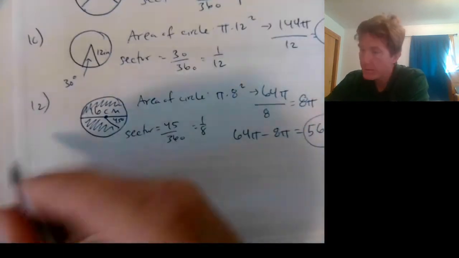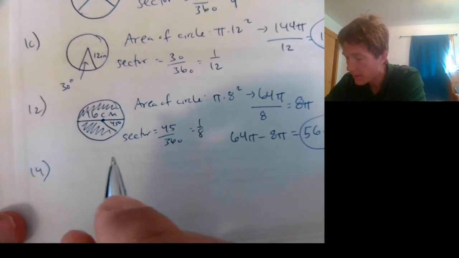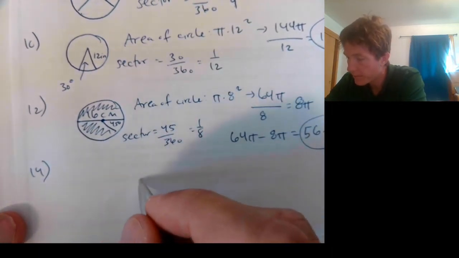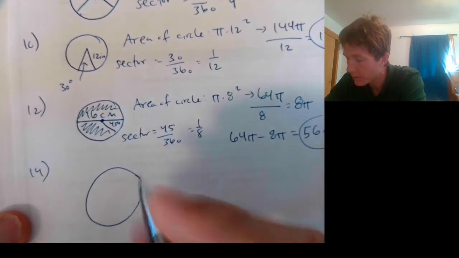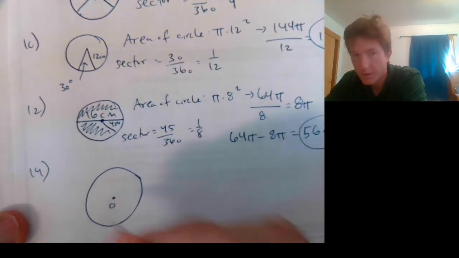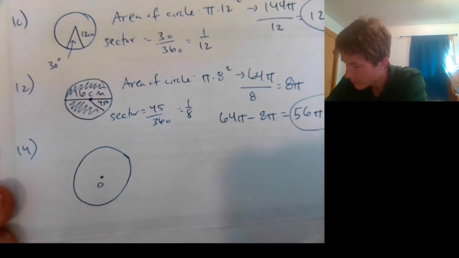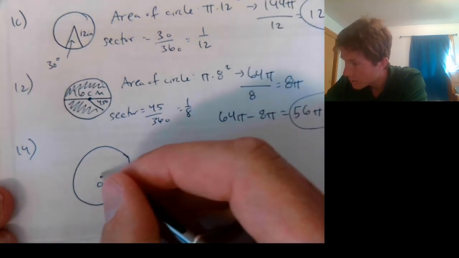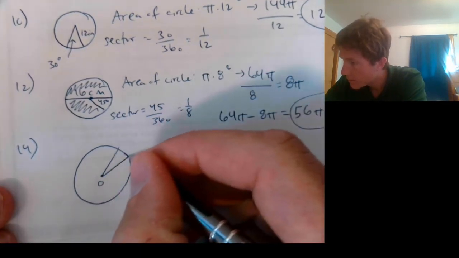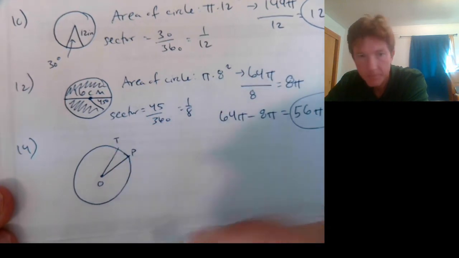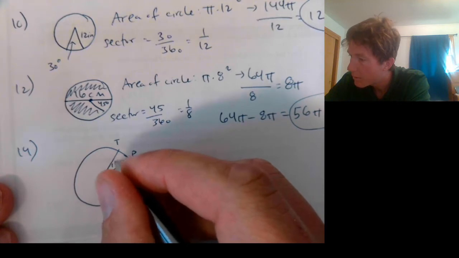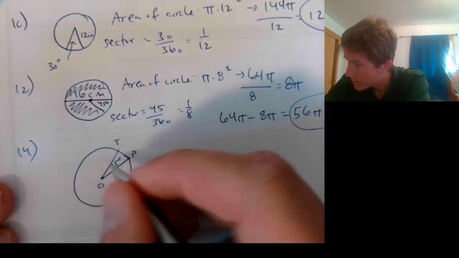Alright, moving on, let's do number 14. Find the area of sector TOP in circle O using the given information. So first I'll draw a circle O, and looks like TOP, this is T, this is P. TOP is only 15 degrees, and the radius is 6 feet.